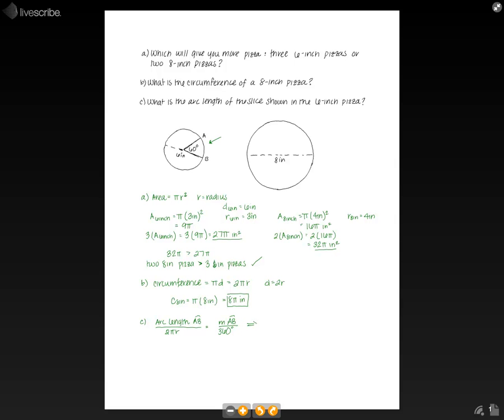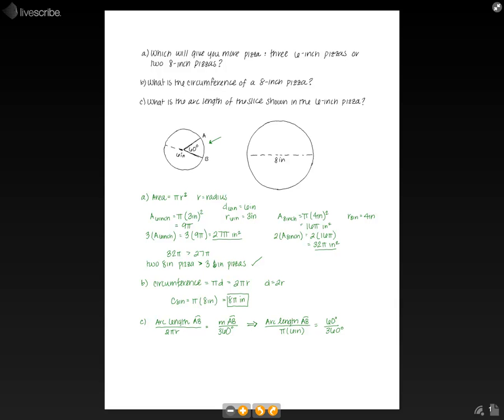So we can simplify this to arc length AB over circumference, which we already know is going to be 2 pi r or pi d, so pi times 6 inches. That's equal to, okay, so the measure of AB is 60 degrees over 360 degrees.